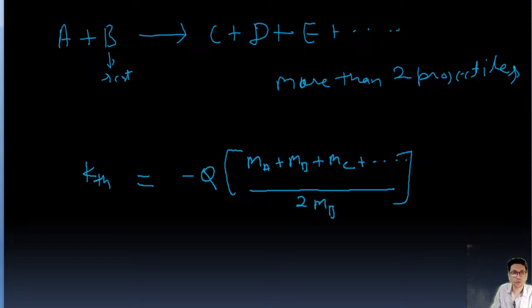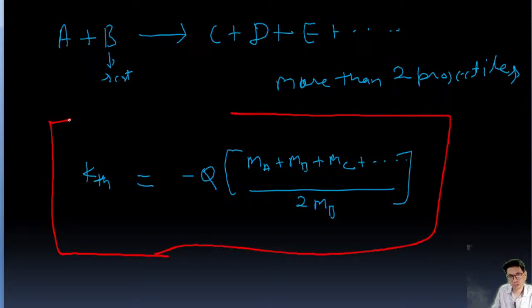Here MB is 2 into the mass of the parent nuclei, or rest nuclei, the rest mass of this. So this is the formula if there are more than two projectiles.